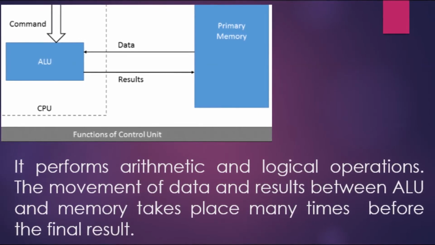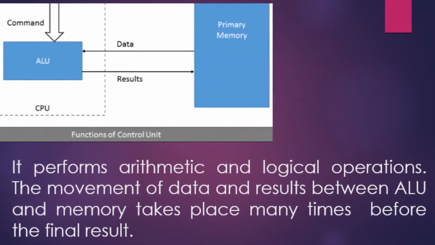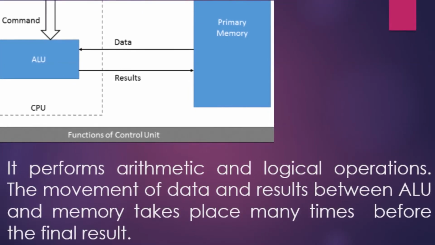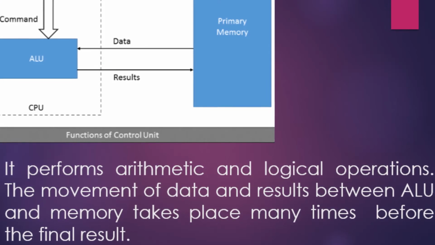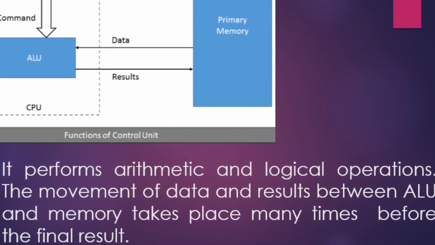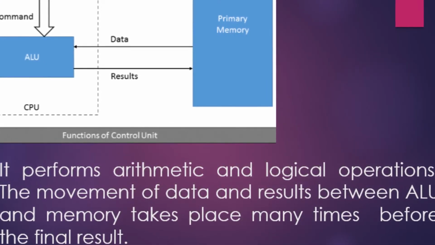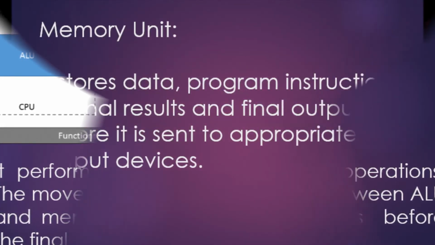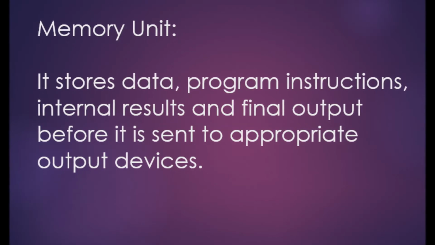Now observe keenly in the diagram the movement of data and the results between ALU and the memory. This movement does not happen just once, but it happens many a times before we arrive at the final result. The next is the memory unit.